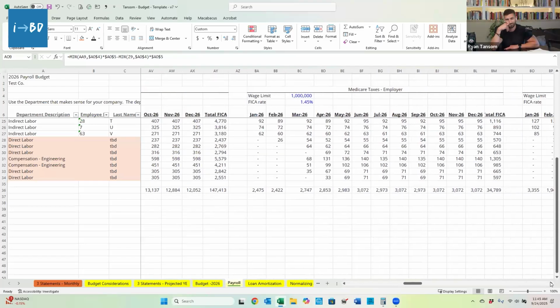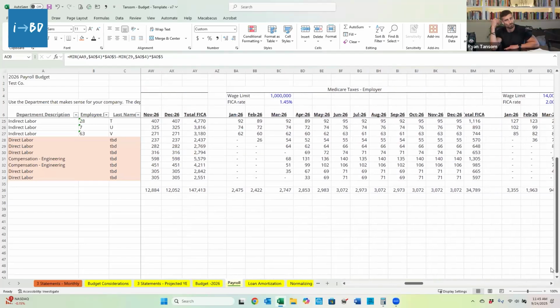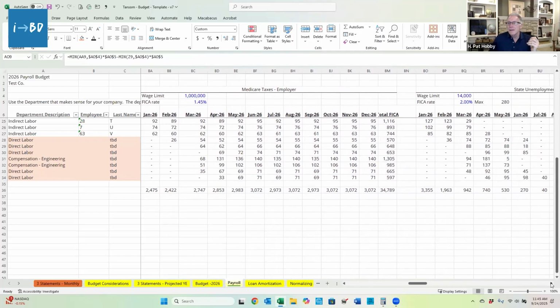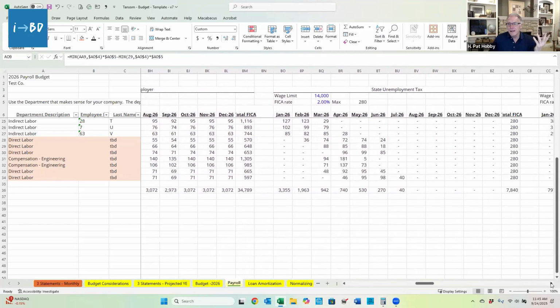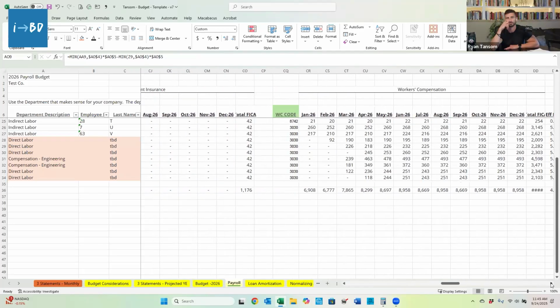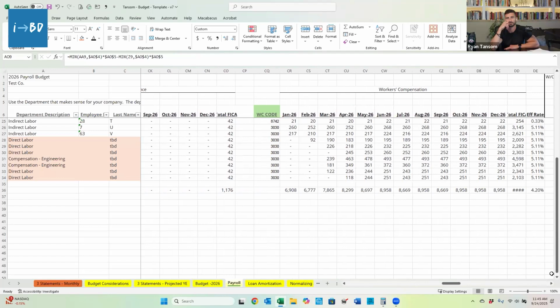Medicare is a lot lower, but you just have to do it by month, and then you've got state unemployment tax, federal unemployment tax, and workers' comp. You've got all your taxes. To me, if you're going to go to the effort to budget by person, you have to budget by person and what department they're in.